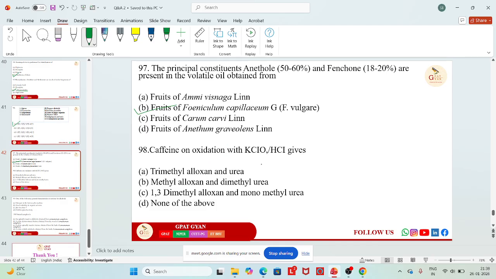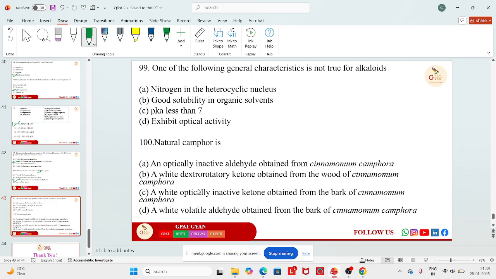Caffeine on oxidation with KClO3 and HCl gives what? Ma'am, will it be C? Yes, 1,3-dimethyl alloxan and monomethylurea. Caffeine on oxidation gives this alloxan. Next, which general characteristic is not true for alkaloids?